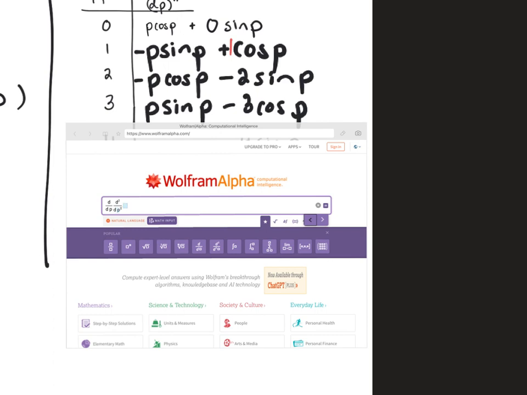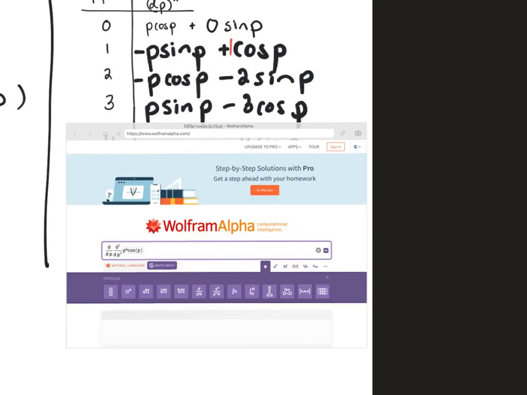And my original function was p times, and I'm not going to do implicit multiplication. I'm going to actually tell it I want to multiply cosine of p. All right, let's see what happens. Okay, so it looks like it did do a derivative of a second derivative, which would give us our third derivative.